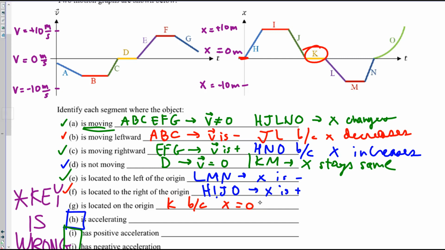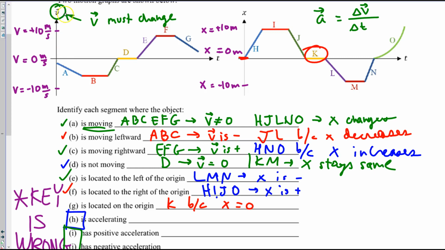Okay. Part H. Where are we accelerating? Let me first turn to the velocity graph. To accelerate in terms of velocity, velocity must change. Because after all, acceleration is defined as the amount of change per second, or per unit time. So look at your velocity graph.